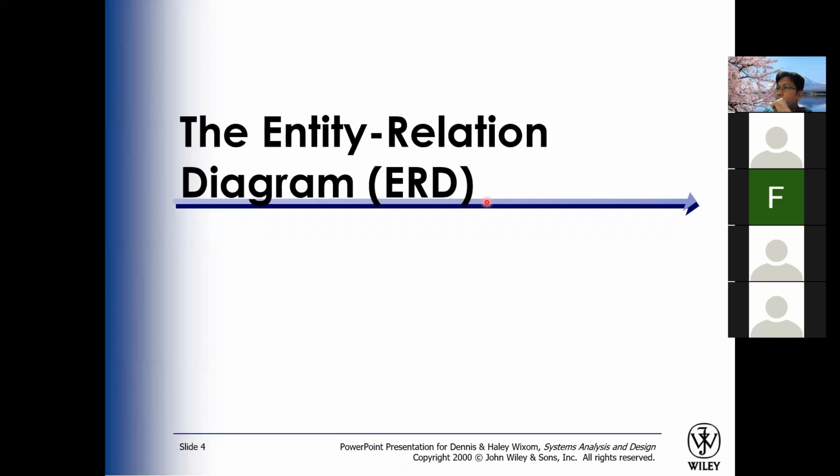Also, we use object-oriented. Some vendors or project managers still use the ERD because this is a powerful diagram for creating a relational database management system. So in the world today, we have a lot of kinds of data: relational database and object-oriented database.